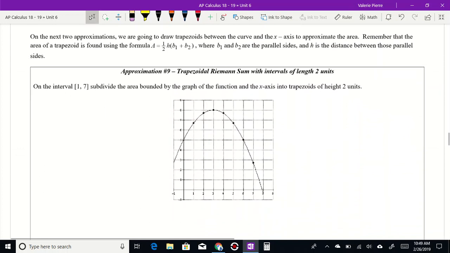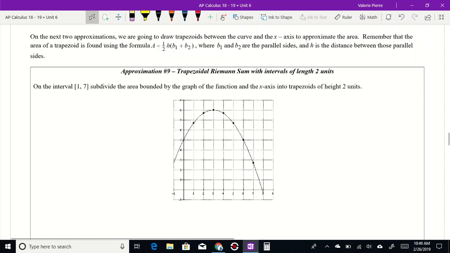So now we're going to look at the last type of Riemann sum that we would be using. On the next two approximations, we are going to draw trapezoids between the curve and the x-axis and approximate the area. Remember that the area of a trapezoid is found using the formula A equals 1/2 h times b1 plus b2, where b1 and b2 are the parallel sides and h is the distance between those parallel sides.